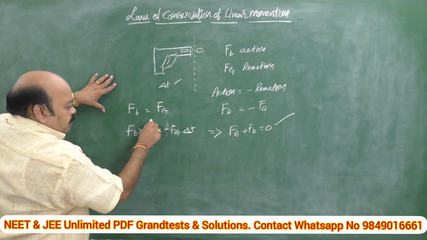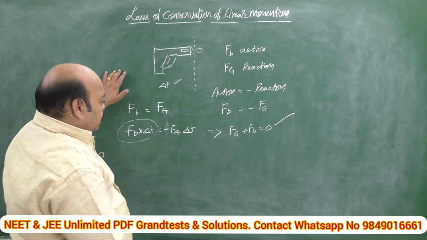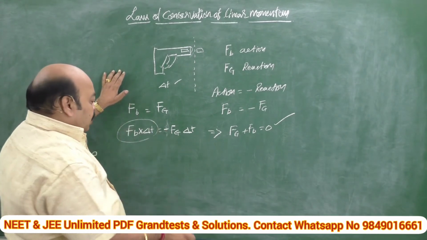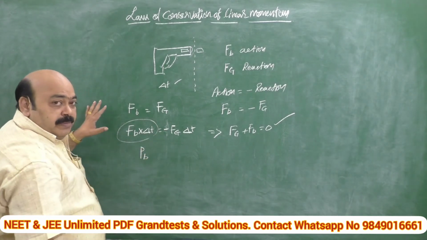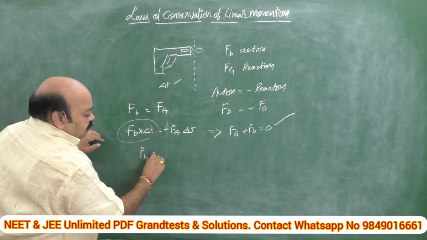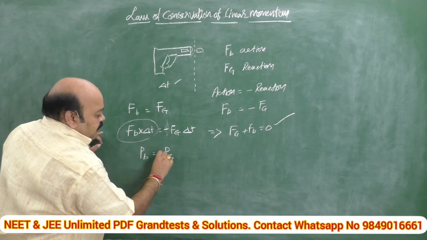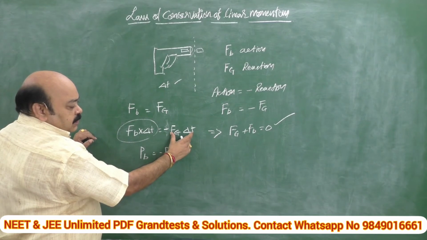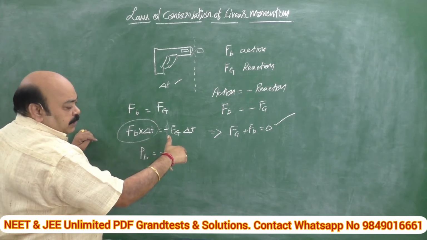But force into time is nothing but the impulse, which is nothing but the change in momentum. That means Fb into delta t is called Pb, the momentum of the bullet, which is equal to the momentum of the gun with the negative sign, because force into time is impulse, which is equal to change in momentum.